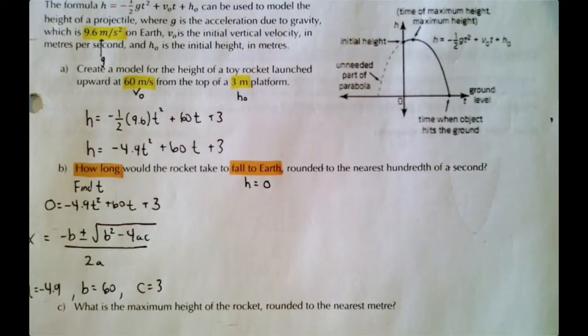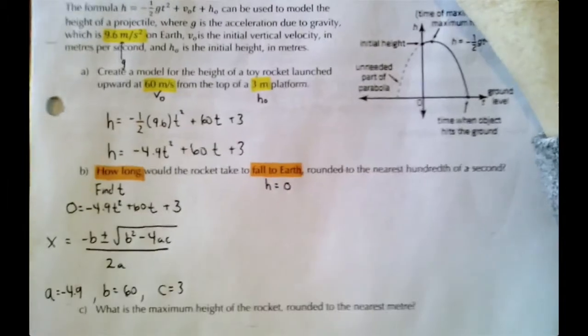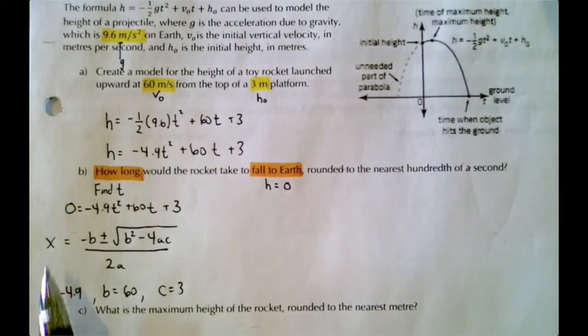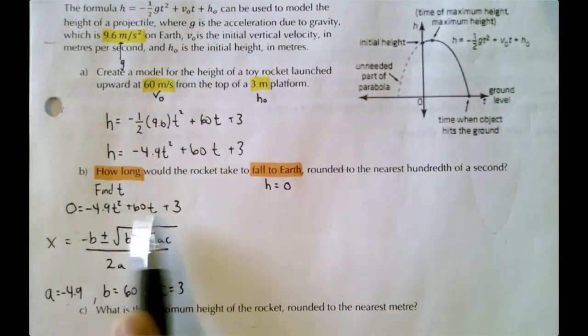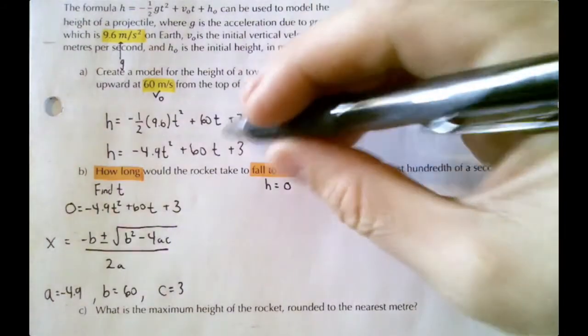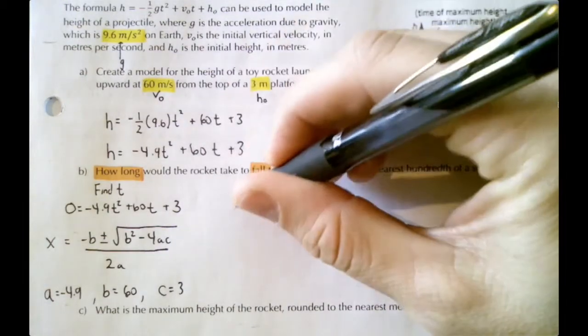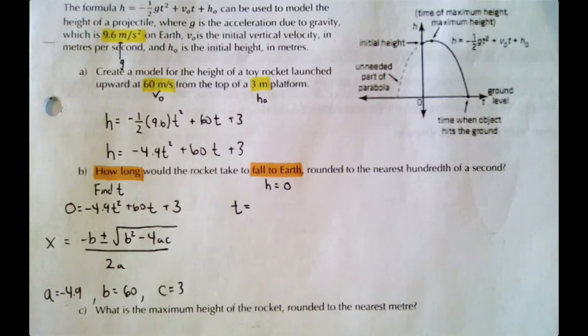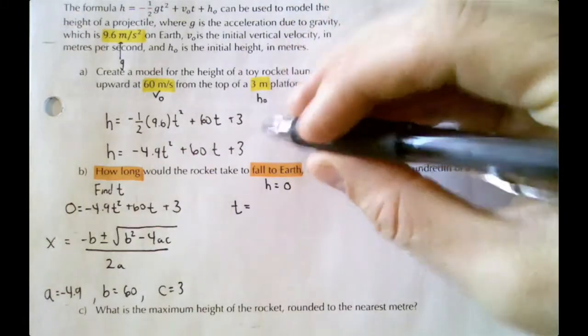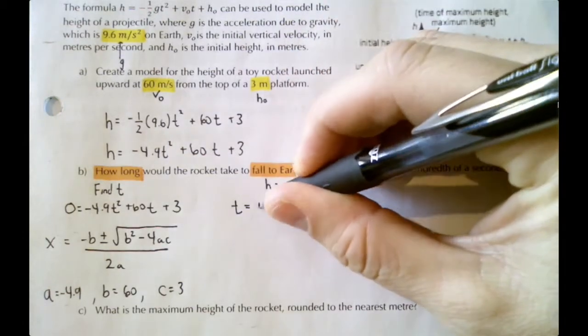Now, what's neat about the quadratic formula is it's set up to solve for x. But we're not working with x's in our equation, we're working with t's. So when we use the quadratic formula for this purpose, we're going to say t equals, because we're solving for time. And now we can just fill in the a's, b's, and c's. And we get something that looks like this.